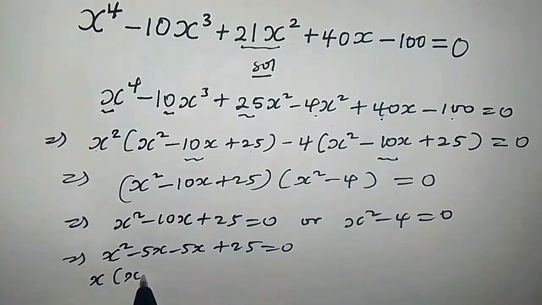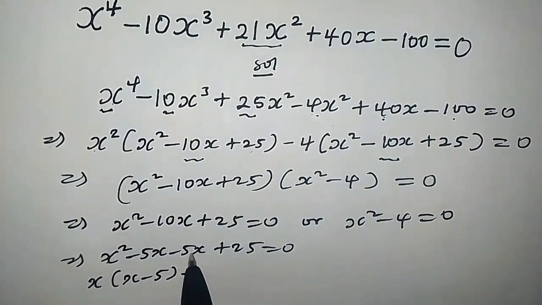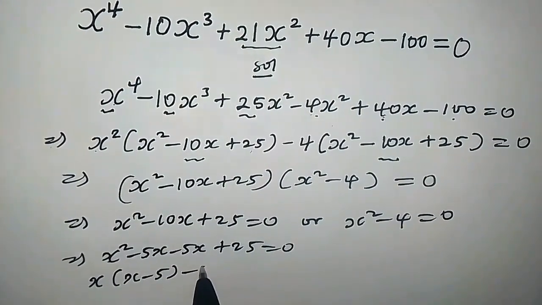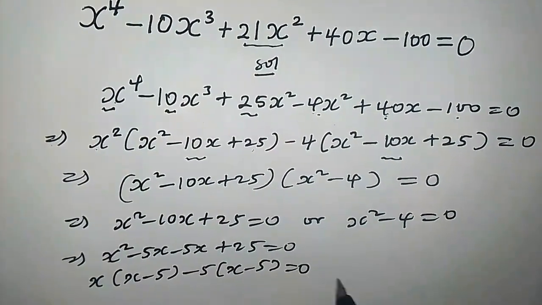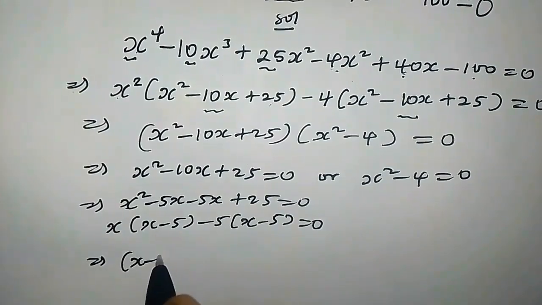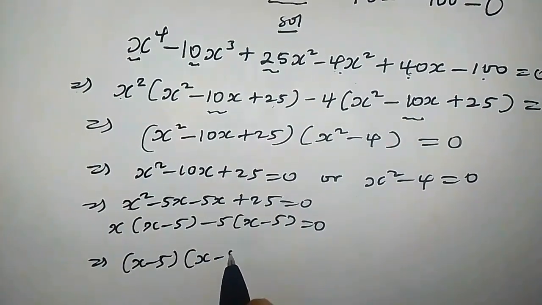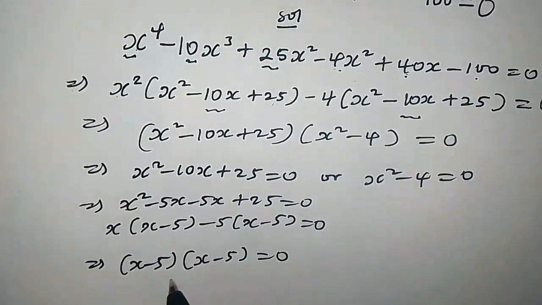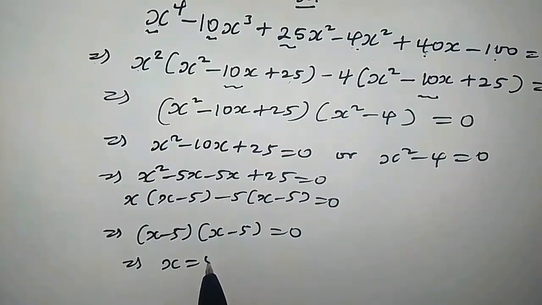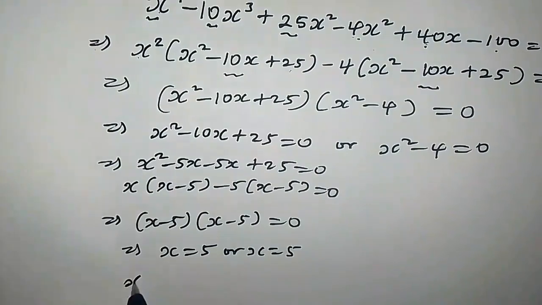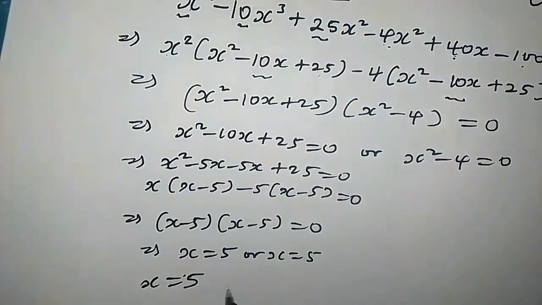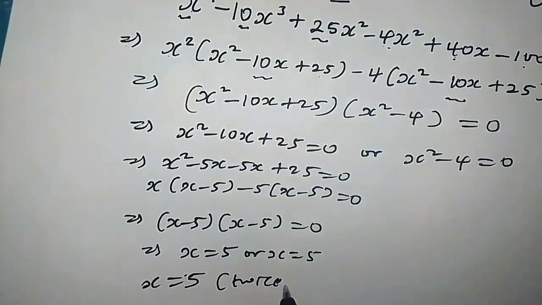We have x times x minus 5, and minus 5 is also common. Yes, we have minus 5 times x minus 5 equals 0. So this implies that we have x minus 5 times x minus 5 equals 0. So in this case, x equals 5, or x equals 5. So we have x equals 5 twice.